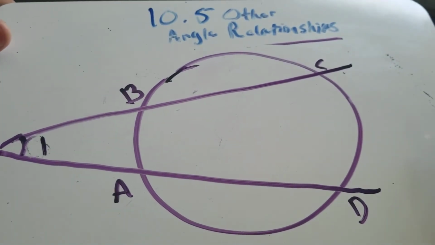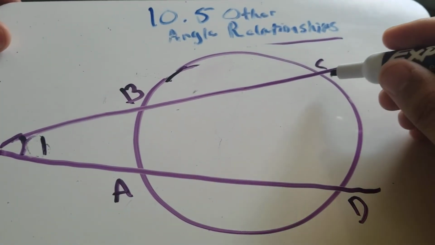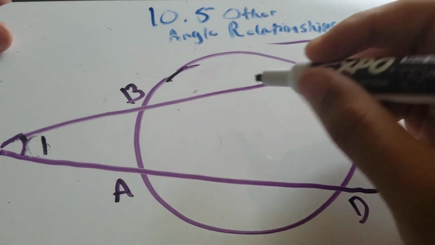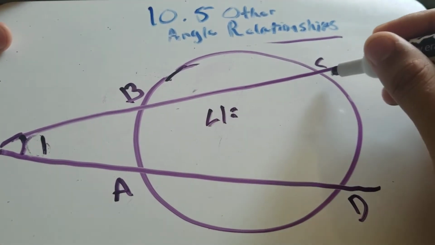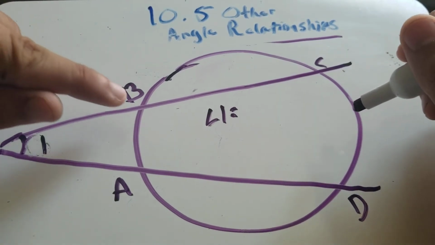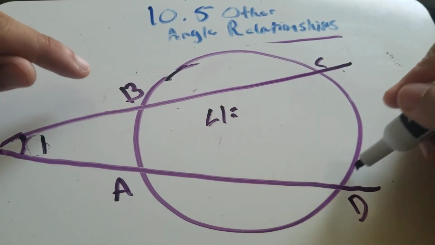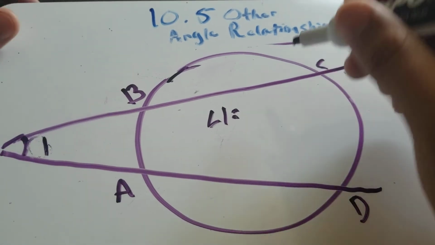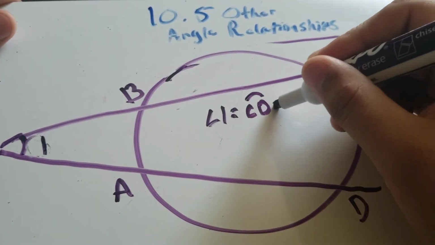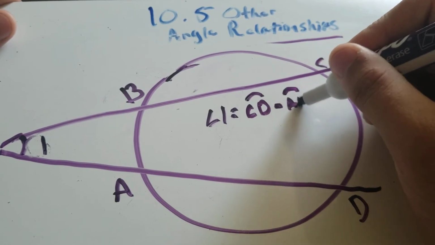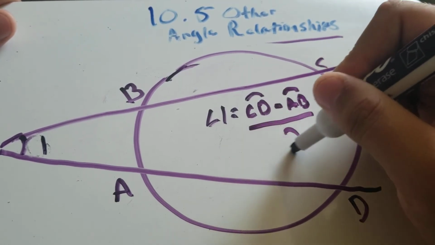With that in mind, we're always going to do this. Angle 1 is going to equal the bigger minus the smaller, or the major minus the minor. So arc CD minus arc AB, all over 2.